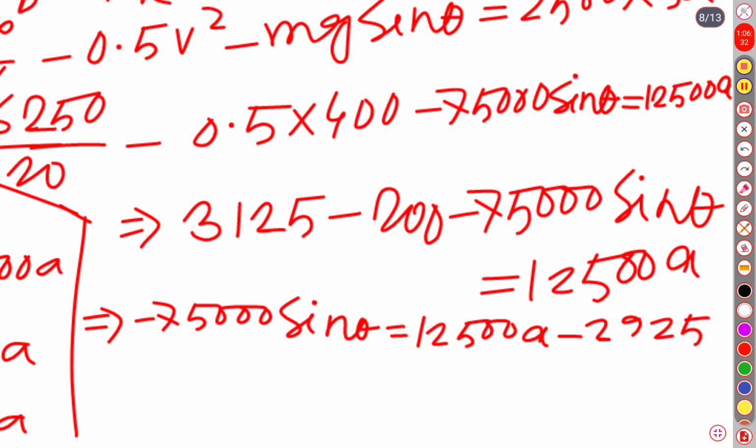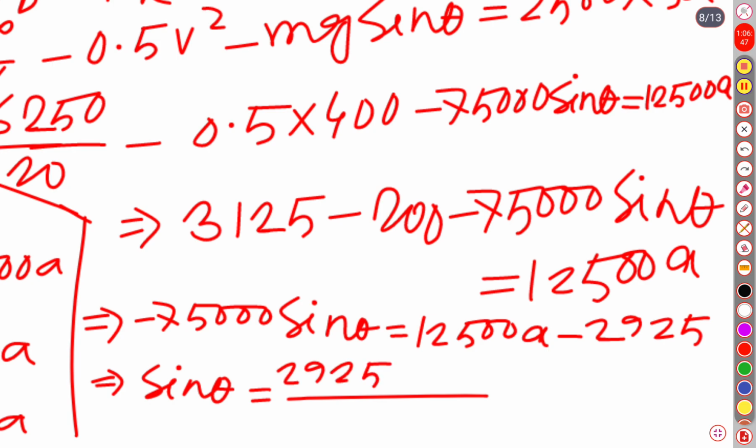Okay, then if we make sin theta the subject, the negative symbol will dissolve. It is 2925 minus 12500a over 75,000.